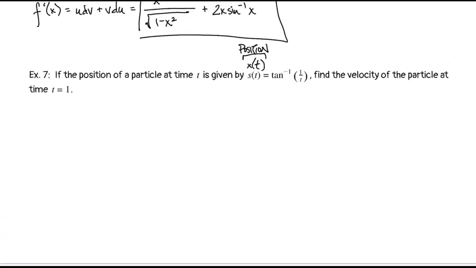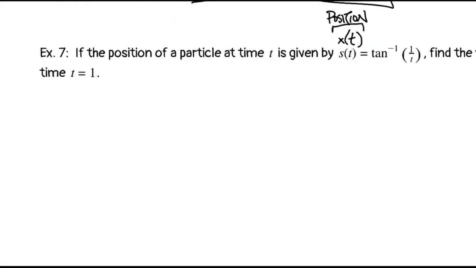And so we have the position function defined by inverse tangent of 1 over t. And I want us to find the velocity of the particle at time t equals 1, okay? So how do we find velocity?